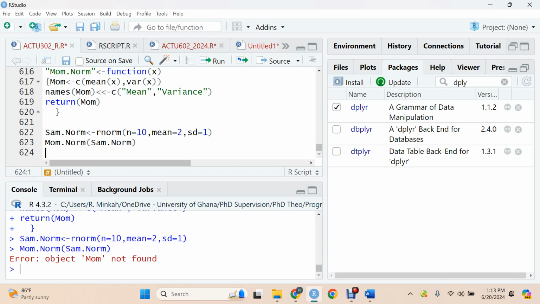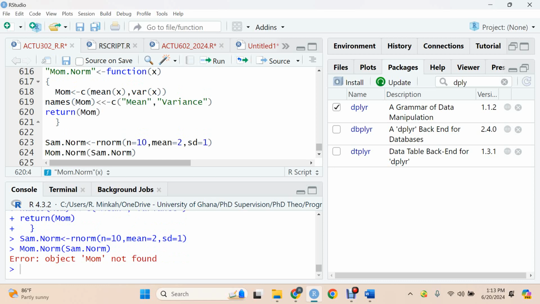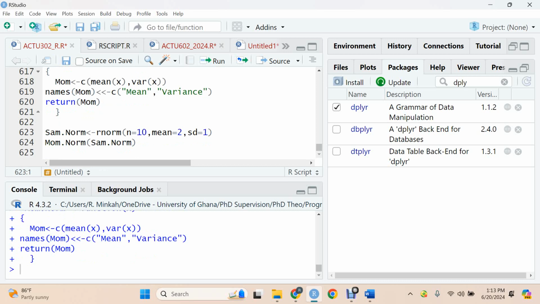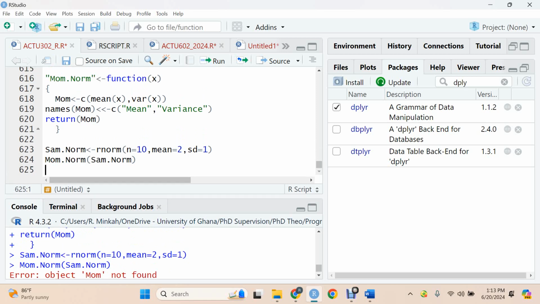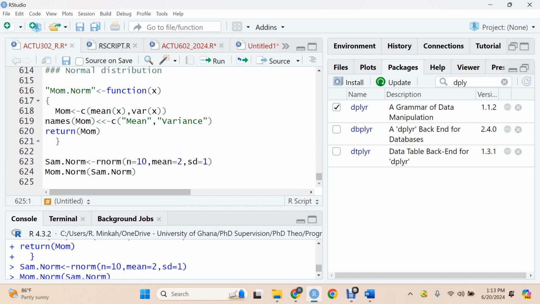Object mom not found. Why is it so? Yes. Which is this? So let's see. There's double what? Double. Okay, yeah, good. Thank you.